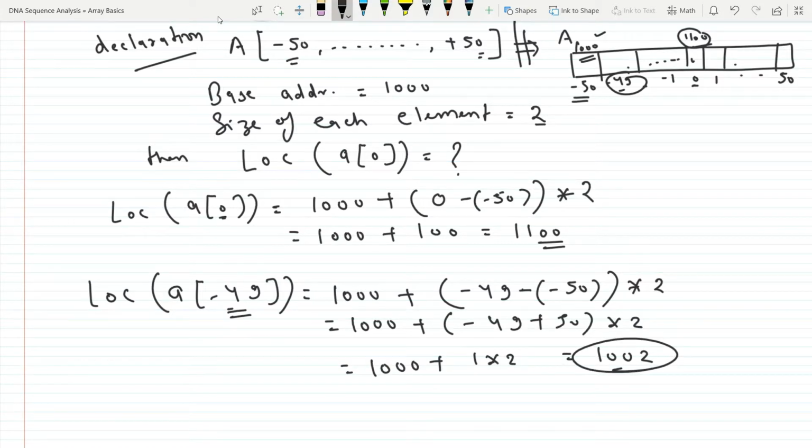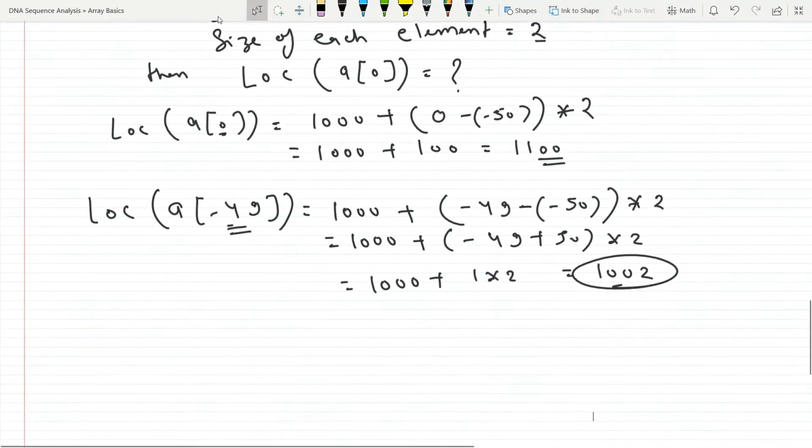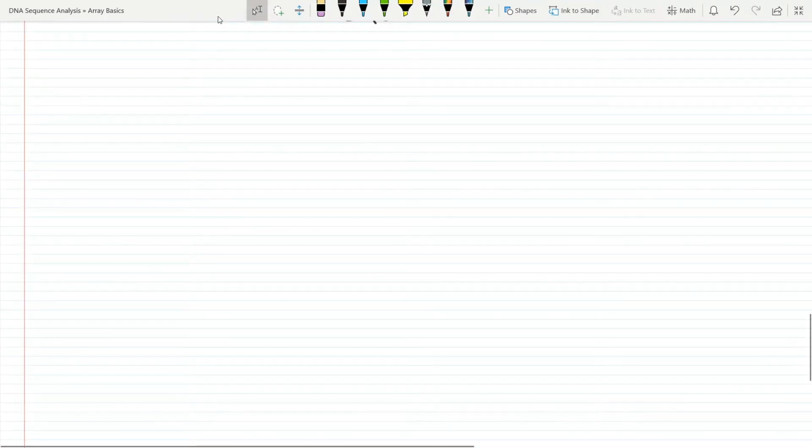Now you can observe carefully. This is what? This is 1000. Okay. So I think it is now very clear to you people. So in general, now I am generalizing this concept.